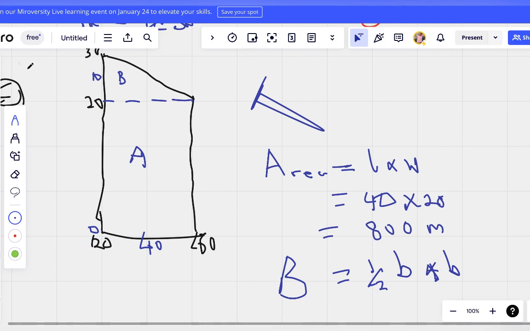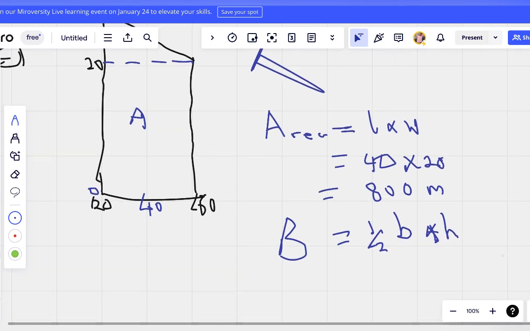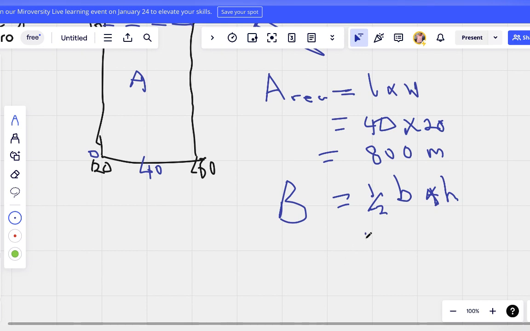Half of the base, 40, times the height, 10. Remember, we're not looking at the whole height.